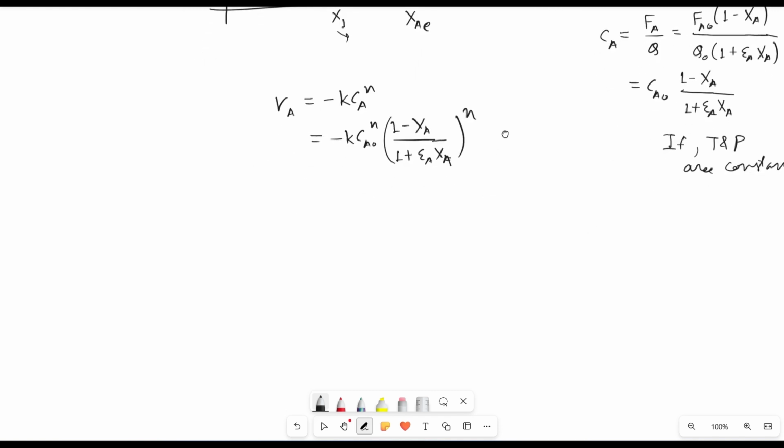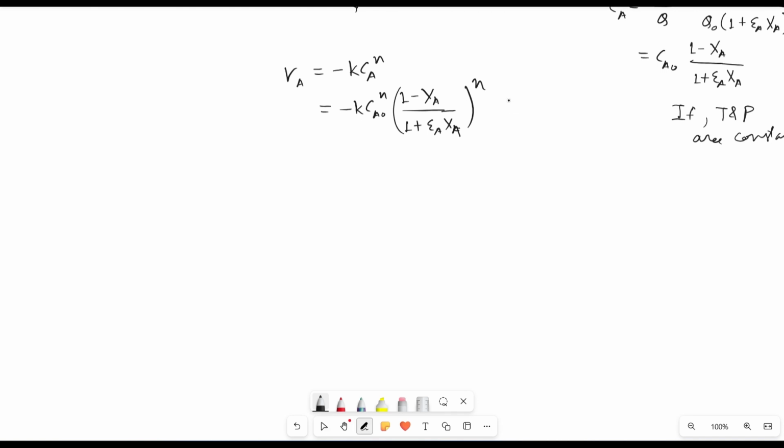Now if you plot minus 1 by Ra, it will be equal to 1 by K Ca naught to the power n, times (1 plus epsilon A Xa divided by 1 minus Xa) whole to the power n.